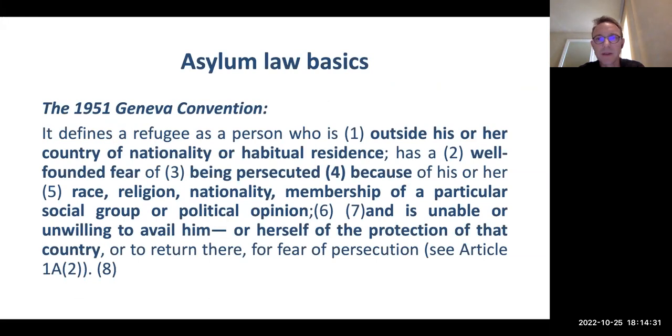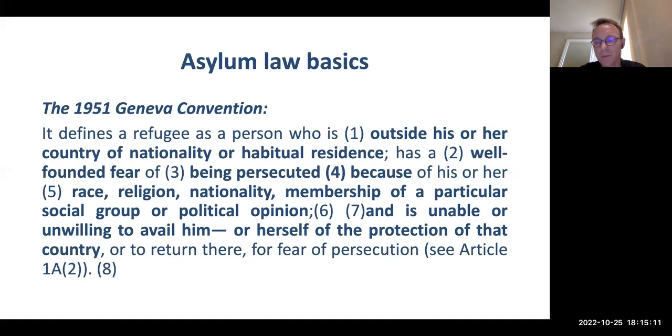The major point is the definition: what is a refugee, which is defined in the Geneva Convention. It defines a refugee as a person who is outside of his or her country of nationality or habitual residence, has a well-founded fear of being persecuted because of his or her race, religion, nationality, membership of a particular social group or political opinion, and is unable or unwilling to avail himself or herself of the protection of that country.